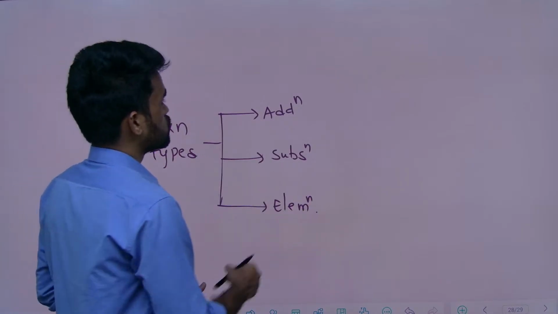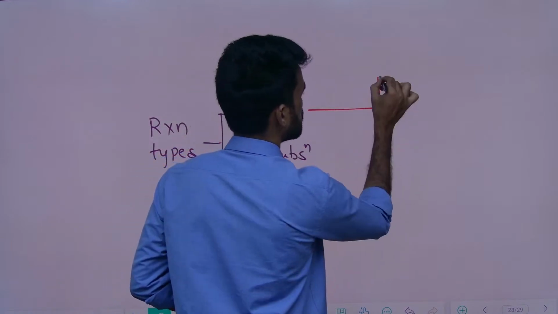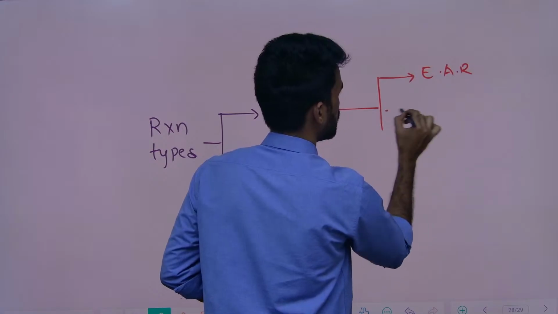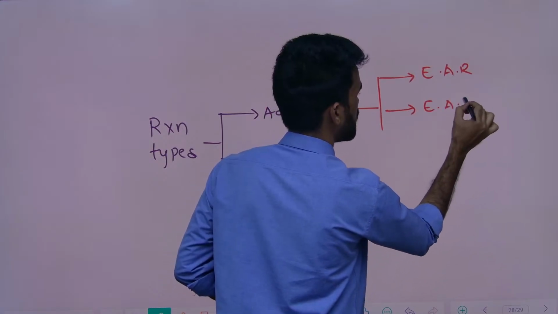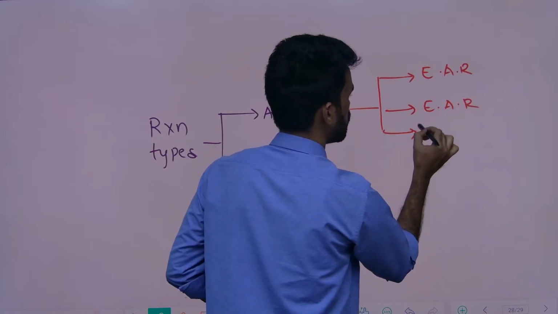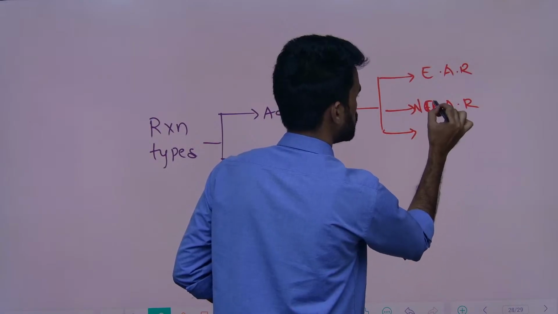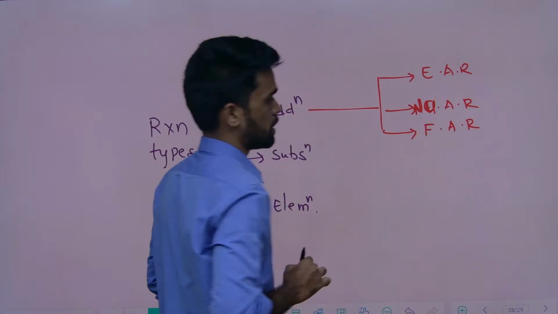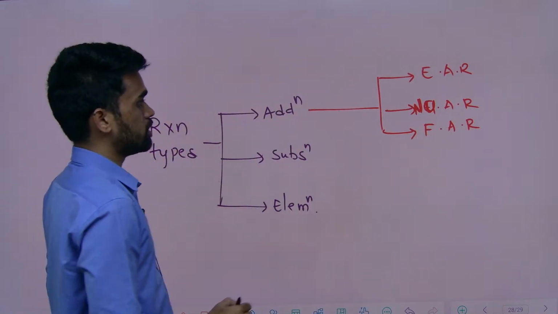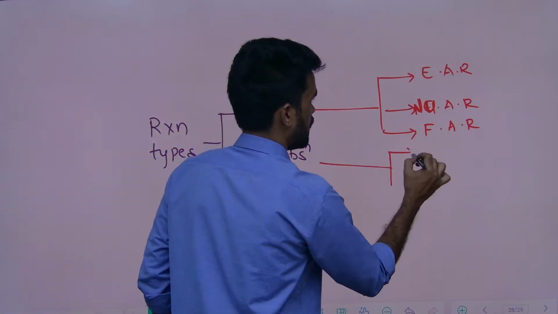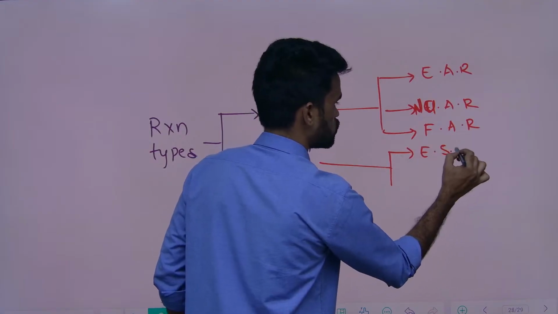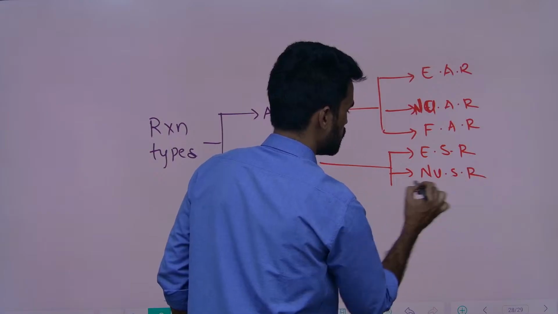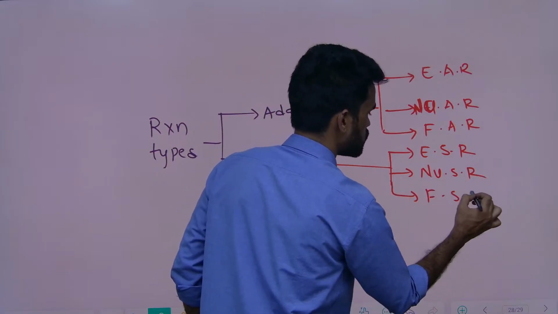So under addition reactions, again there are electrophilic addition reactions, nucleophilic addition reactions, and one more is called free radical addition reaction. Okay, see here in substitution also, there are electrophilic substitution reaction, nucleophilic substitution reaction, and free radical substitution reaction.